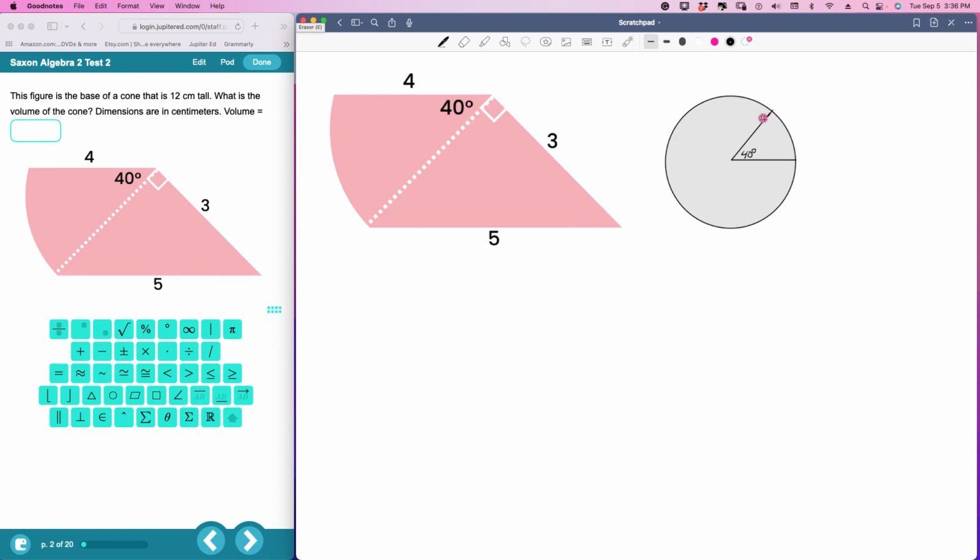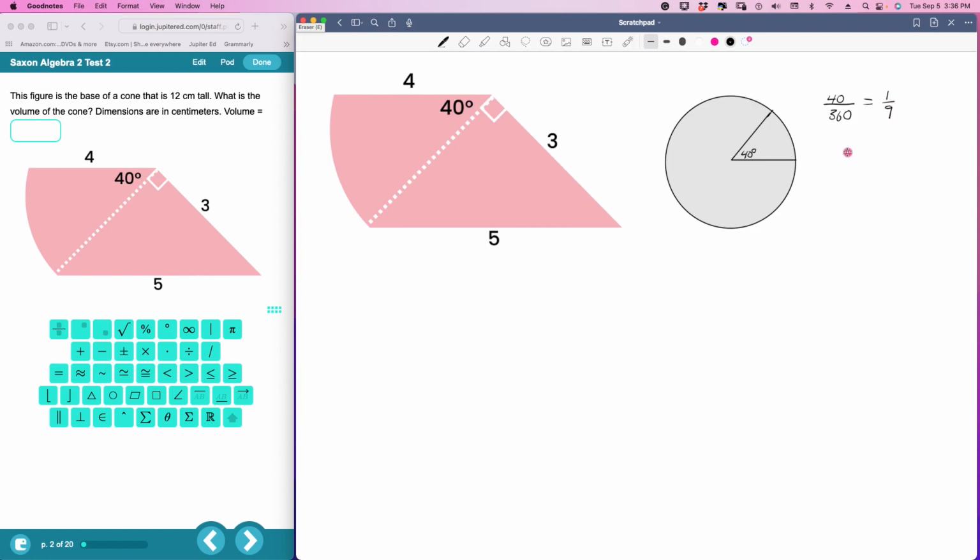So this is a sector of a circle right here that's 40 degrees. For this sector, we can say that is going to be 40 degrees out of 360 degrees, because the whole circle is 360 degrees. But we only want to find the area for the 40 degree part. You take 40 out of 360 and reduce that as a fraction to 1/9.